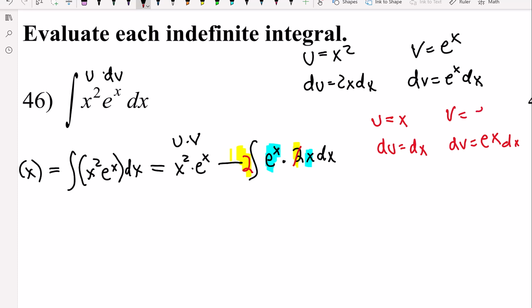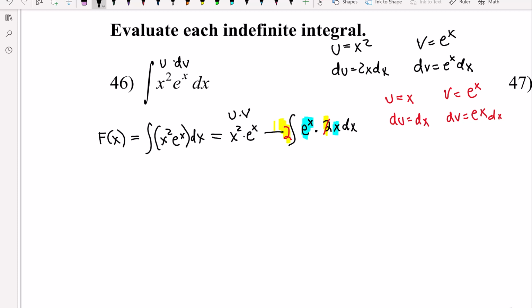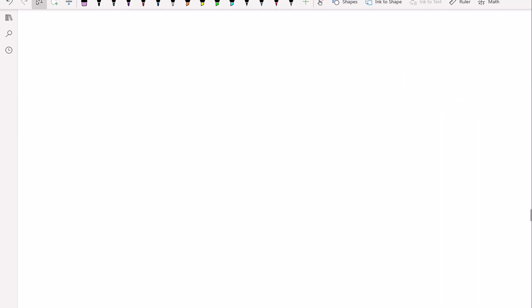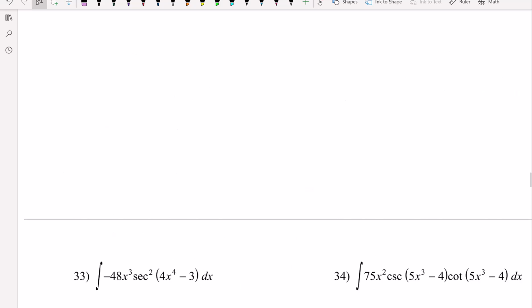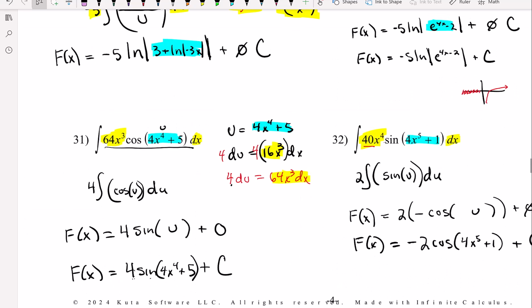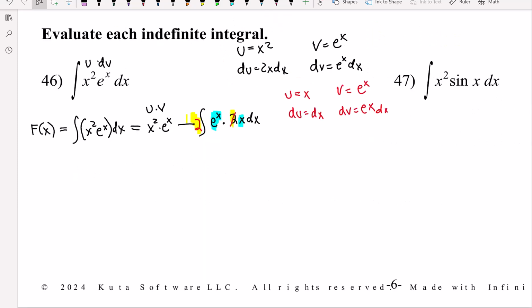And our v is e to the x. So we can bring, whoops, sorry about that. Yikes, where did it go? Okay, found it.